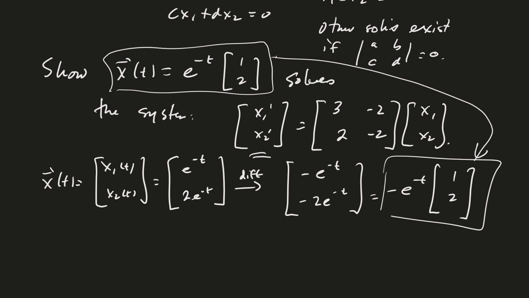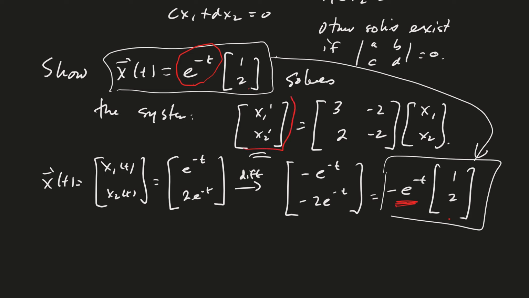Yeah, this thing right here is the only thing that had anything to do with t, explicitly. And so you could just differentiate that, and the vector just kind of comes along for the ride. Very good. So that is the derivative.